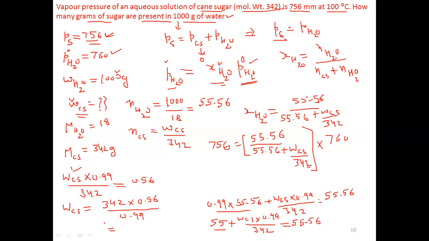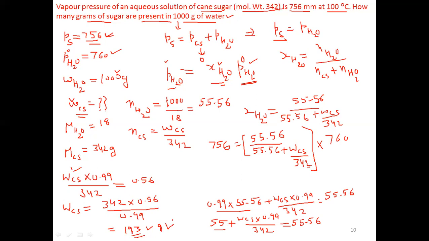It comes out to be around 193. So this is our answer. 193 gram is the answer.